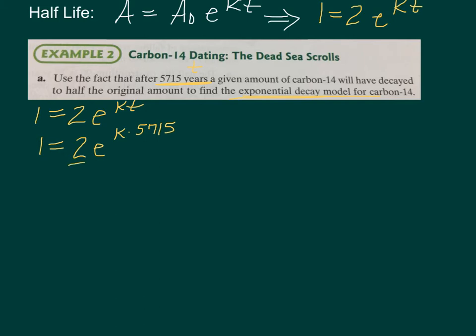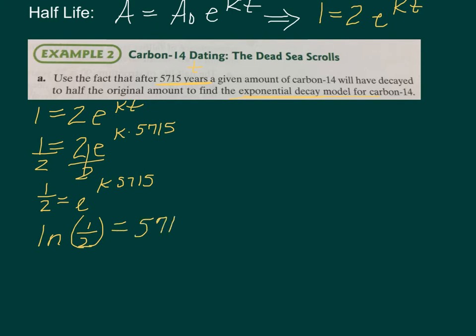So I'm going to divide by 2. And now I'm going to write it in log form. So it's ln base e of 1/2 is equal to 5,715k. So then I divide.